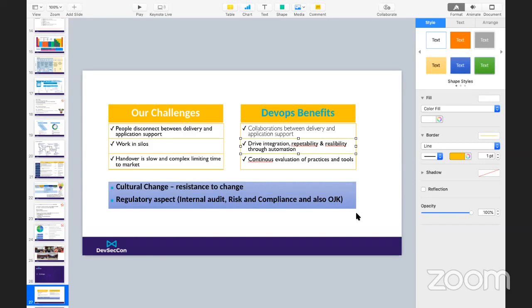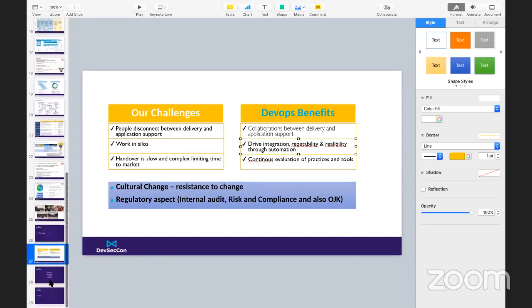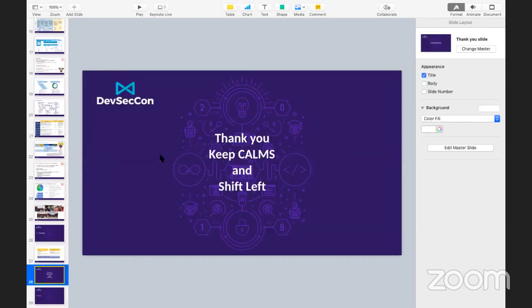We try to build a good relationship with them. So actually, this is how we implement DevSecOps in our banking industry.